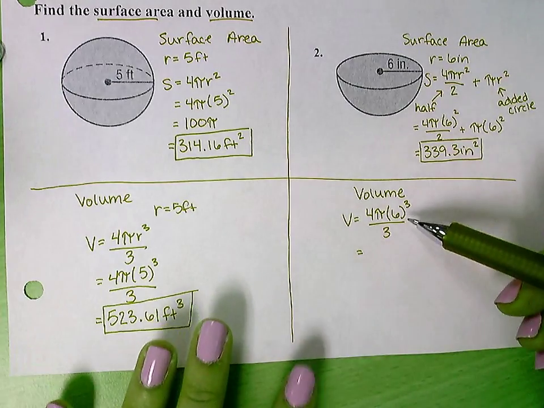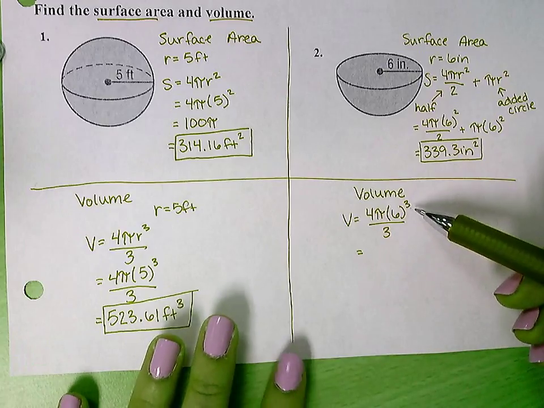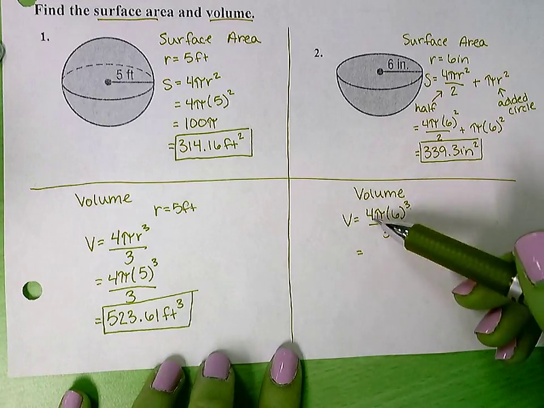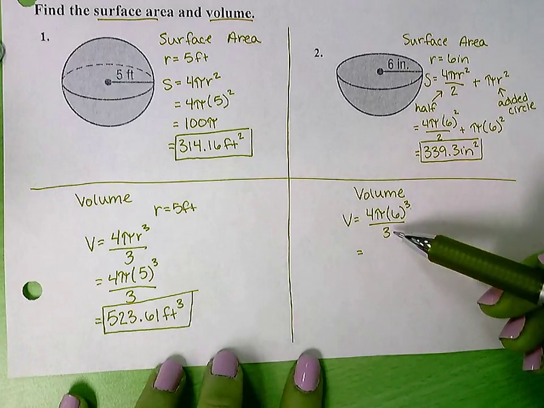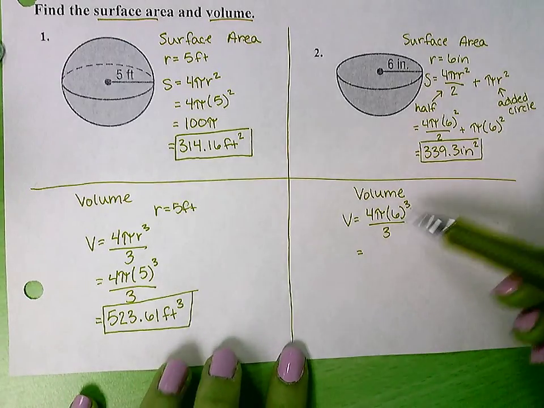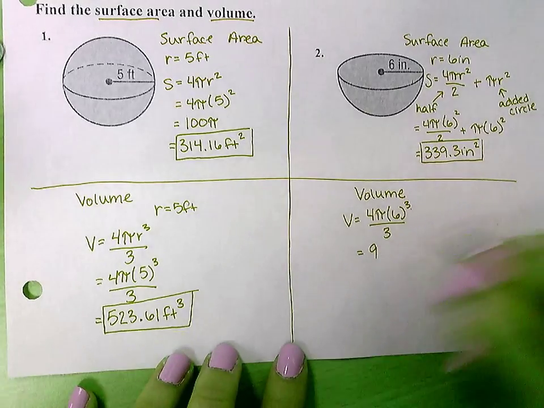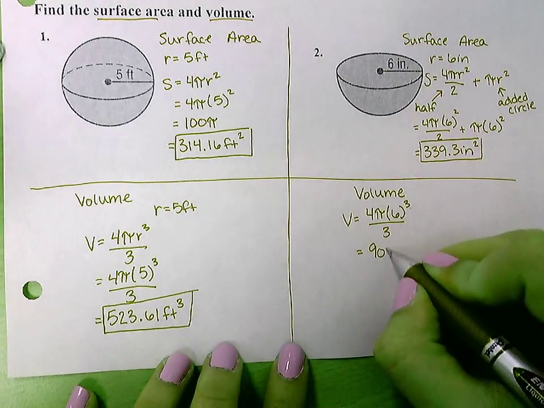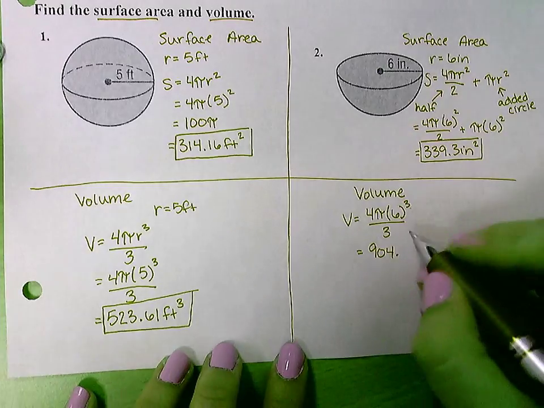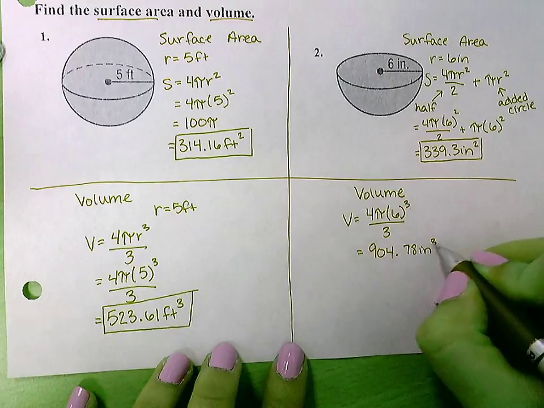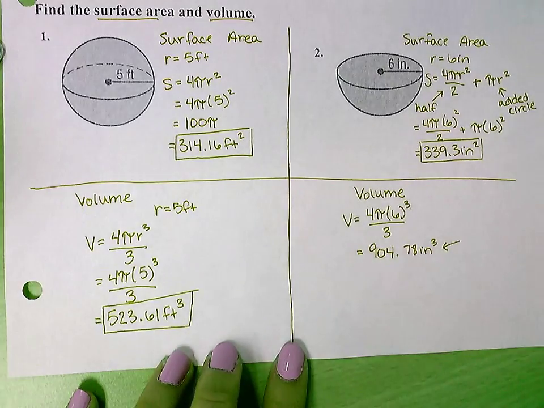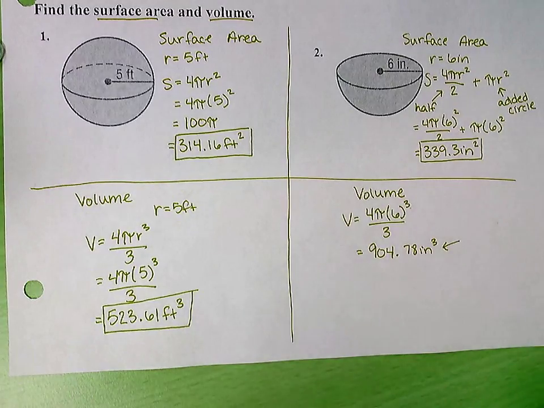Okay, so again, you're going to take 6, raise it to the 3rd power, multiply by 4, then multiply by pi, then divide it by 3. Okay, once you do that, you should get 904.78 inches cubed. And again, this is the volume of the whole sphere.